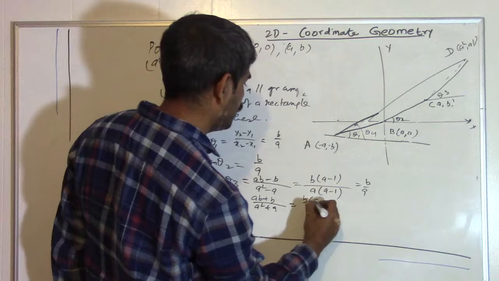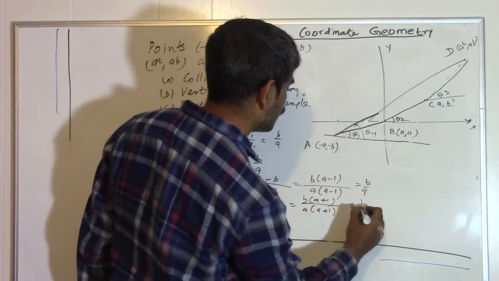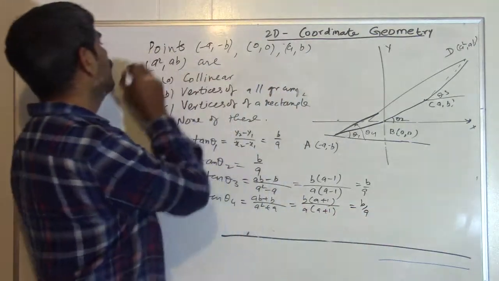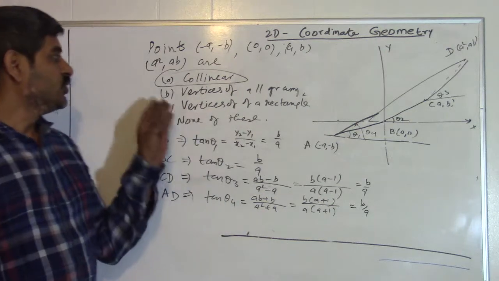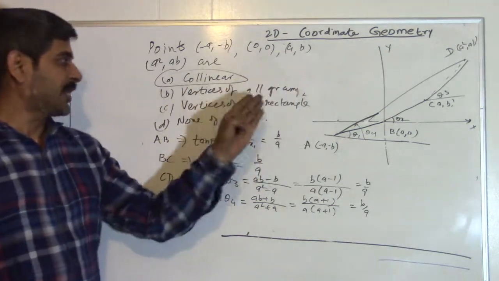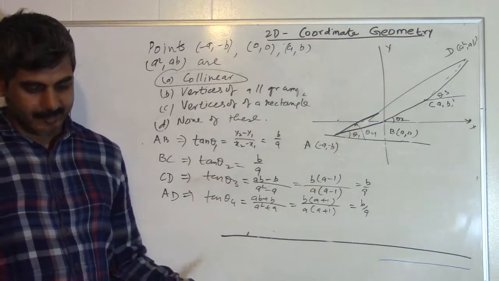This will be b into a plus 1 divided by a into a plus 1. This also comes out to be b by a. So the points are collinear. But in questions, the points may form a parallelogram or rectangle, and you can apply these conditions like this.